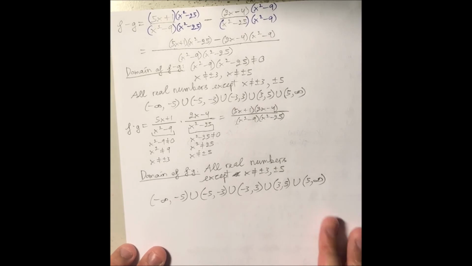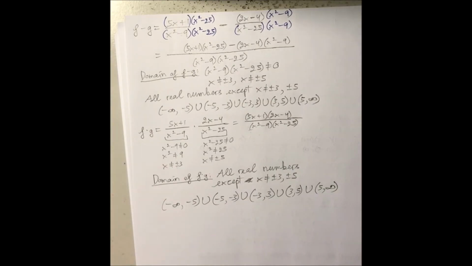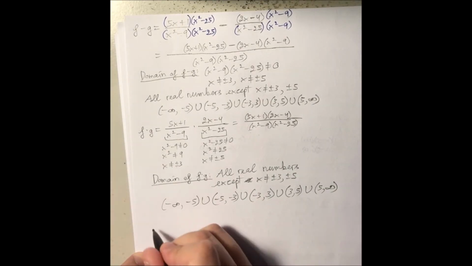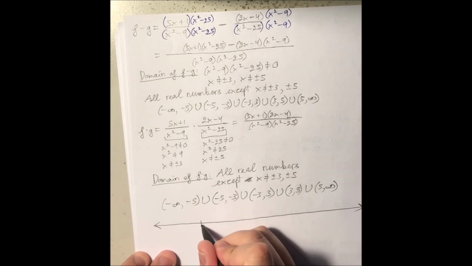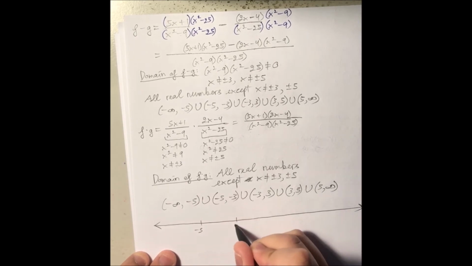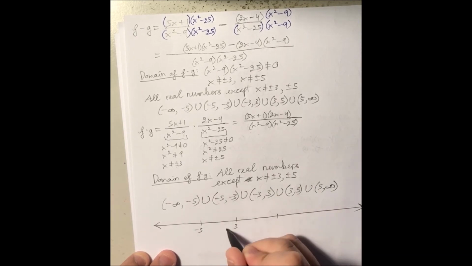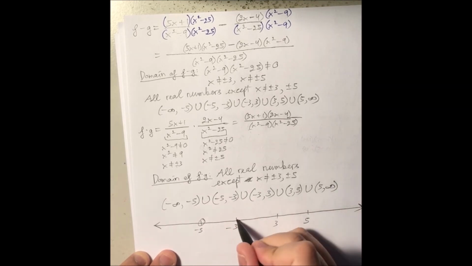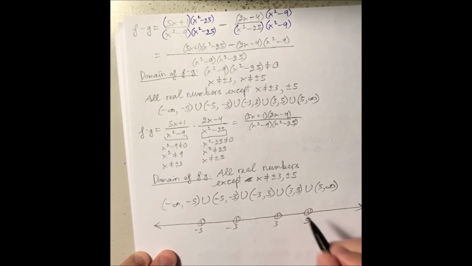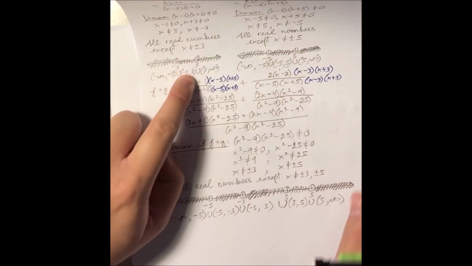Like that. Now what about on the number line? Let's sketch on the number line. So let's just say we have negative 5 here, negative 3 here, 3, and 5. We are excluding all of these values based on this, right?